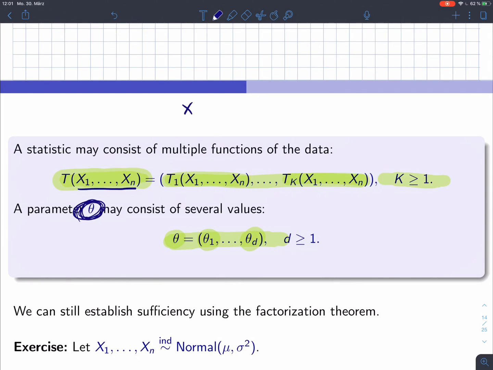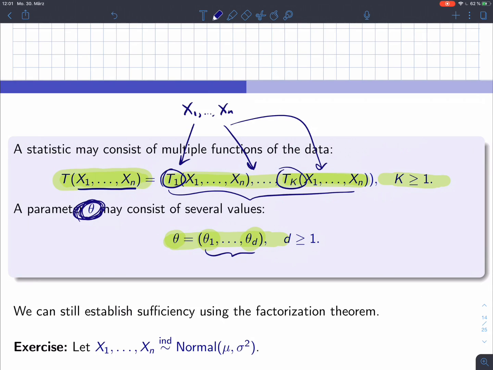So we could take our x1 through xn, and we compute one function, say t1, then we compute another function t2 of the data, and so on up to the function tk of the data. Okay, and then we might be interested in showing whether that collection of statistics is sufficient for this collection of parameters.